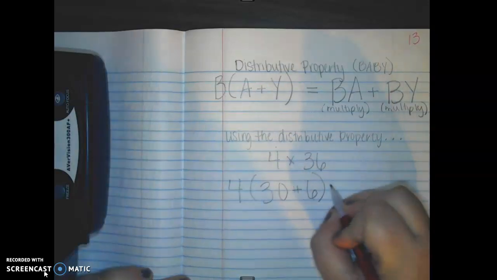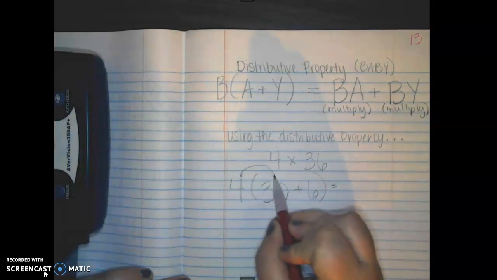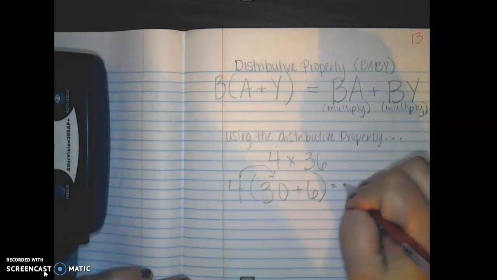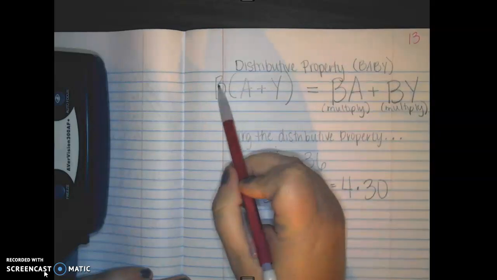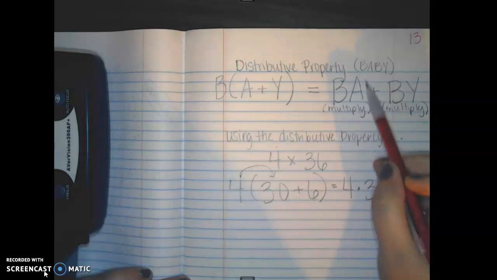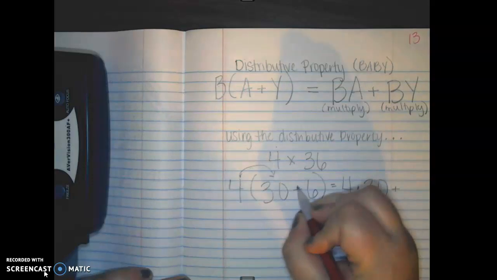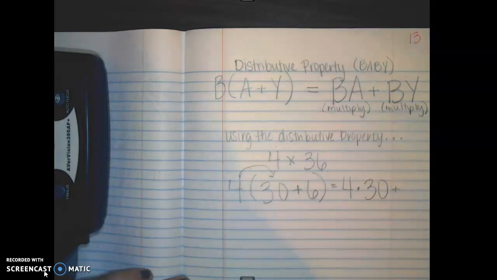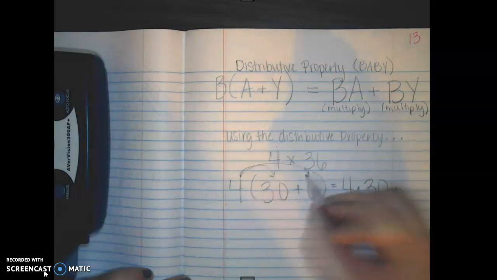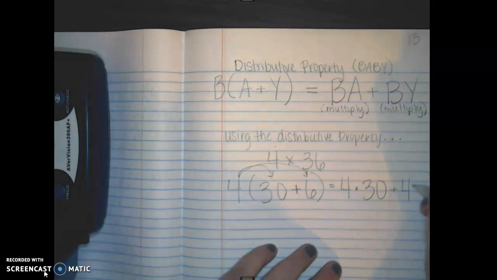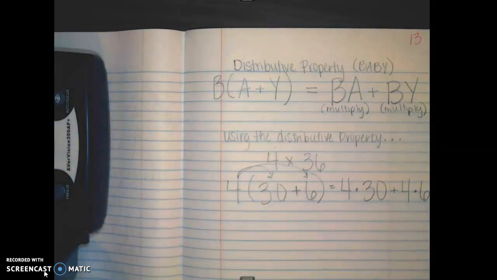Which means that I can distribute. So I'm going to literally give that 4 to my 30. So I'm going to do 4 times 30, that's my b times my a, plus, because there was a plus between these, it might be hard to see because I'm writing in pencil, plus, give my 4 to my 6. So 4 times 6. And we could solve it from there.